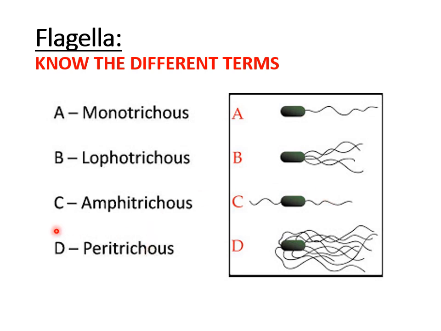The last one is peritrichous, and under peritrichous, I want you to write perimeter, because I'm sure you've all heard the term perimeter, such as walking around the perimeter of your house. So perimeter means all around, right? The outer edges. So peritrichous means that the bacterium has flagella all around its entire cell, okay?